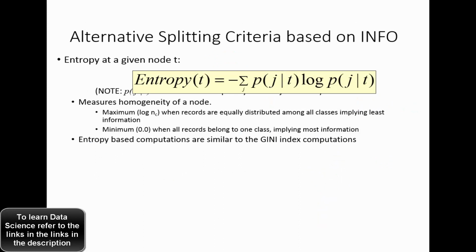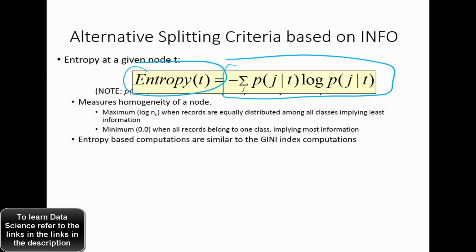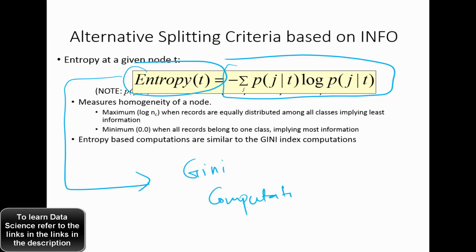Like Gini, you can also use what is known as entropy. The formula is changed, but the computation is pretty similar, except that the reason we have another metric other than Gini is because we need to deal with computational efficiency.